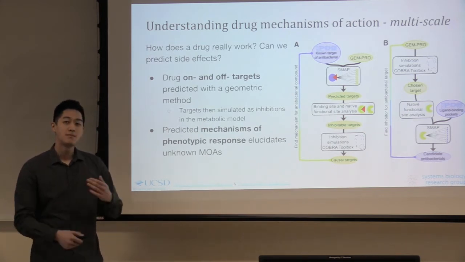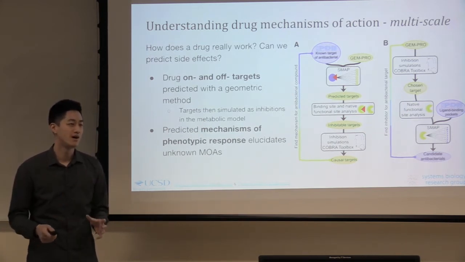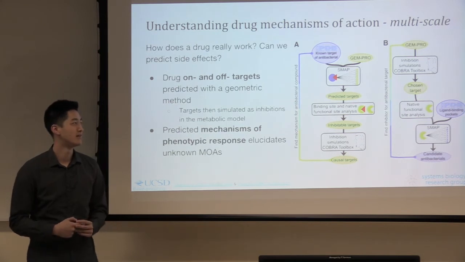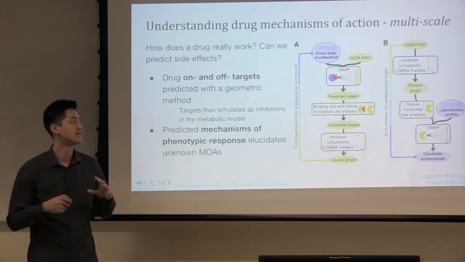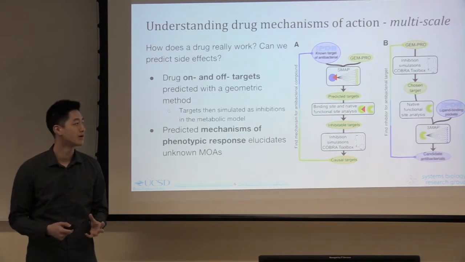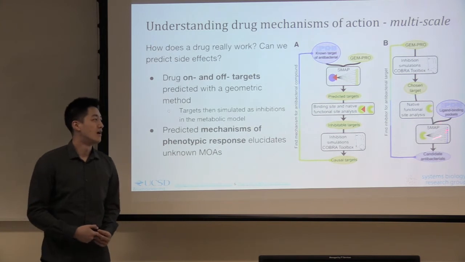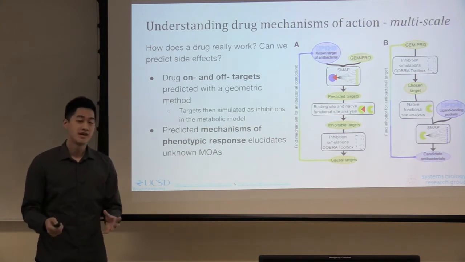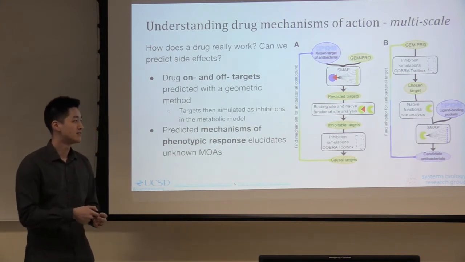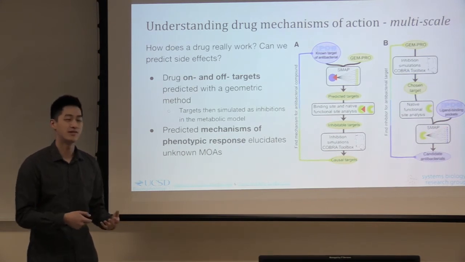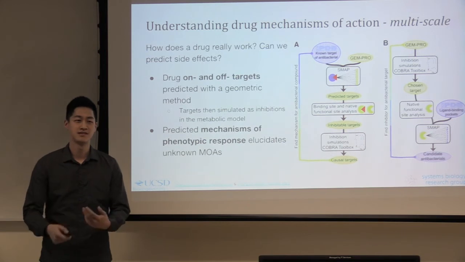So in the opposite direction, he took a genome scale model of E. coli, simulated it, did some gene deletions to simulate inhibitions within the network, and from that, took these targets that could be inhibited to cause death and antibacterial effects within the cell. Took the structures of those enzymes, ran the same kind of similarity analysis for drugs to bind to it, and then came up with candidate antibacterials based on this workflow.